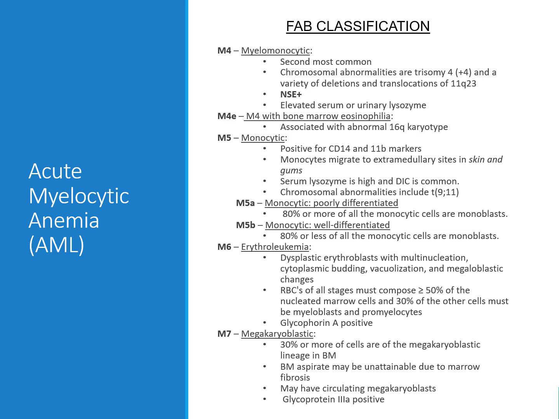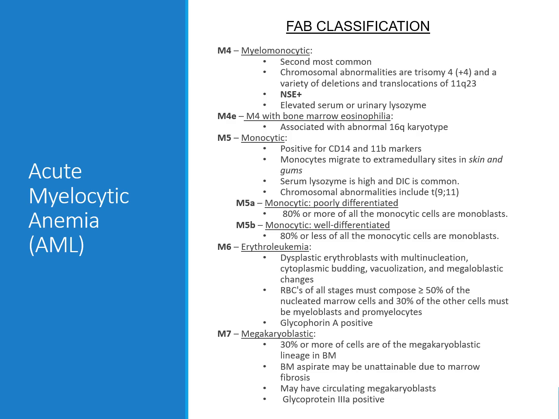Next, our red blood cells of all stages of maturity must compose equal to or greater than 50% of the nucleated bone marrow cells, and 30% of the other cells must be myeloblasts or promyelocytes. And then we are going to check it for glycophorin A. Remember, glycophorin is going to be one of those proteins that we see in our red blood cells.